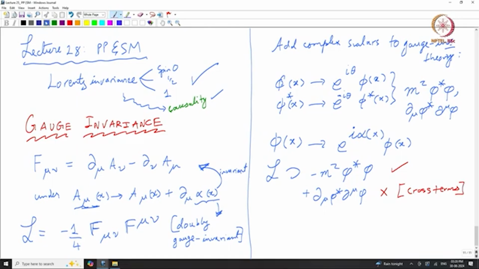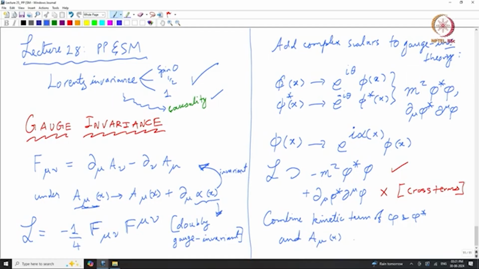All right. So, how do we proceed if you do not have this term? The strategy then is you have to find a way to combine the kinetic term of the phi field, actually the phi and phi star fields, and this A mu field.